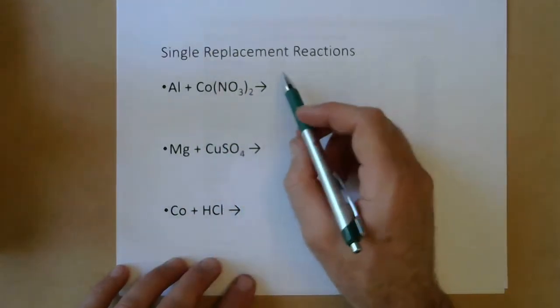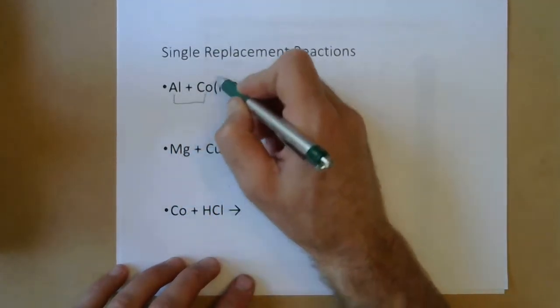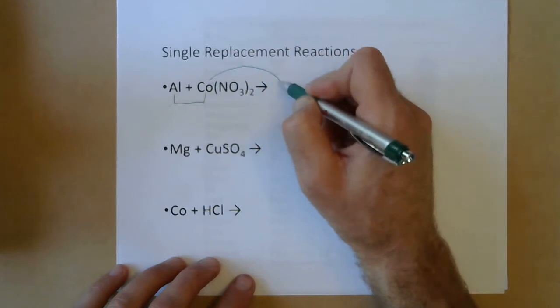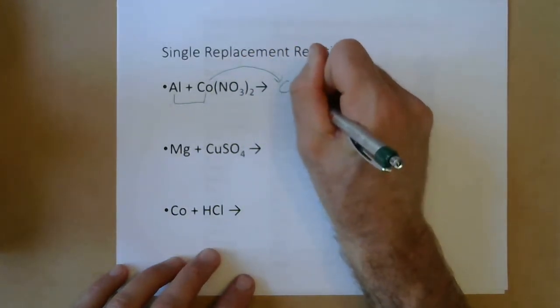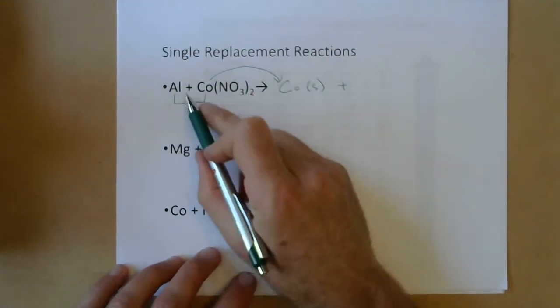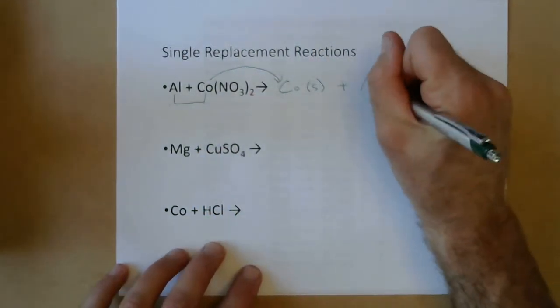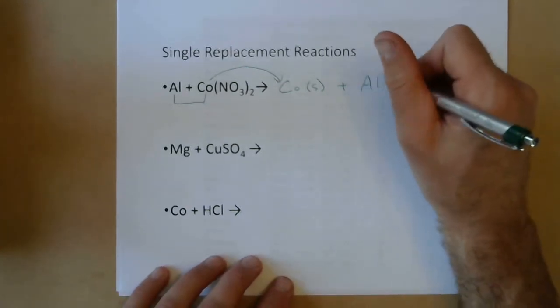And in a single replacement reaction, the metal that's by itself is going to come over here and kick out the metal that's part of the solution. So now the cobalt is going to become a solid, and the aluminum is going to become part of the solution. It's going to become ions, and it's going to become aluminum nitrate.